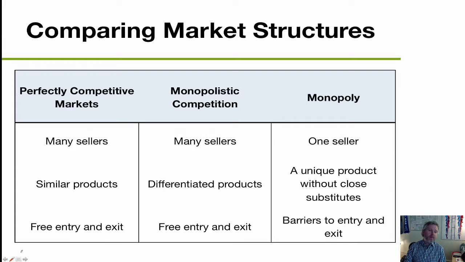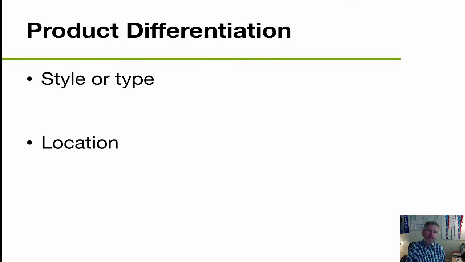There are similar products in a perfectly competitive market, differentiated products in monopolistic competition, and in monopoly they have a unique product. They're the only firm that sells that particular product. Monopolistic competition and perfectly competitive markets are similar in that they both have free entry and free exit. So what we're going to see in this chapter is a sort of hybrid between the two markets that we've talked about previously.